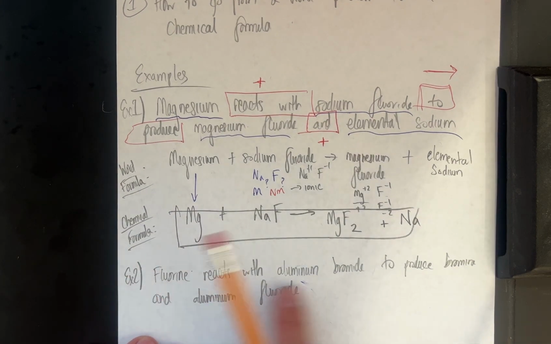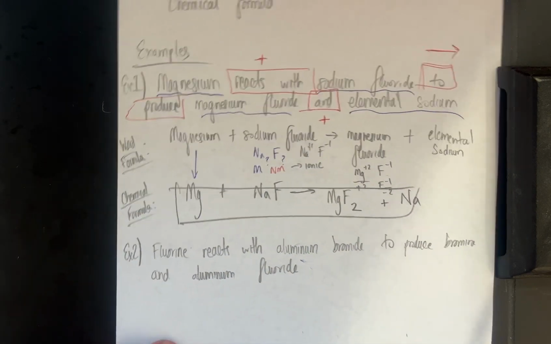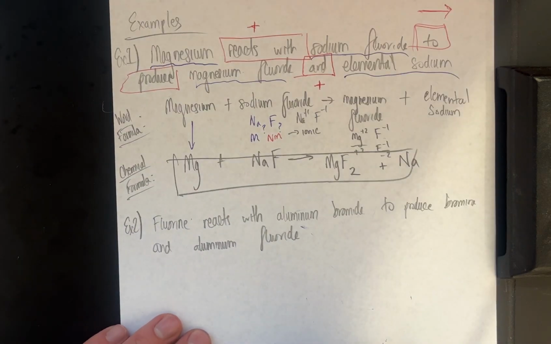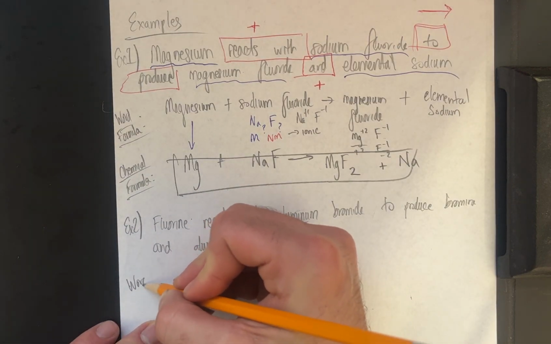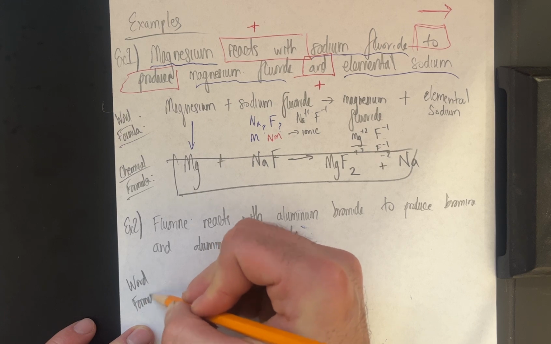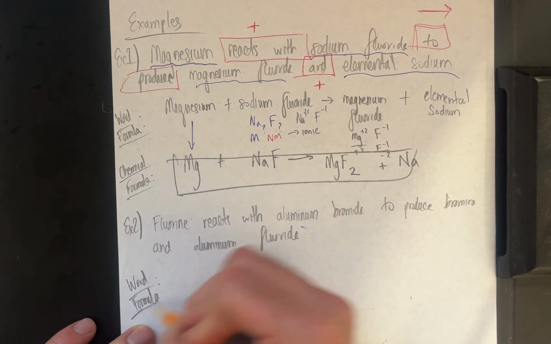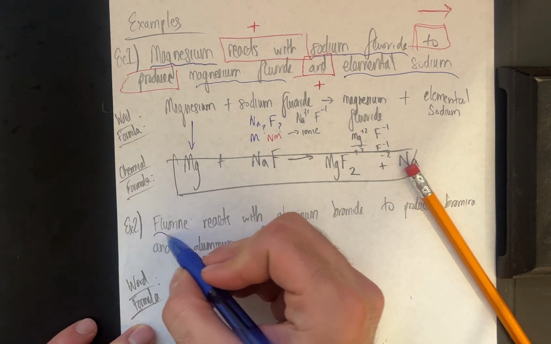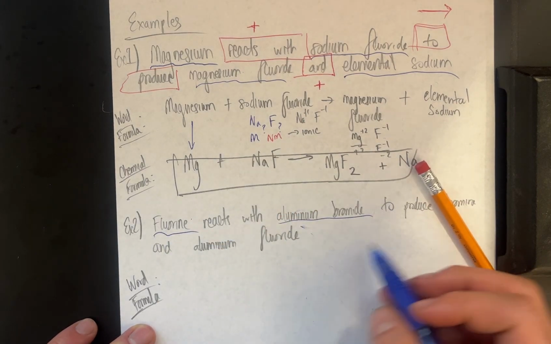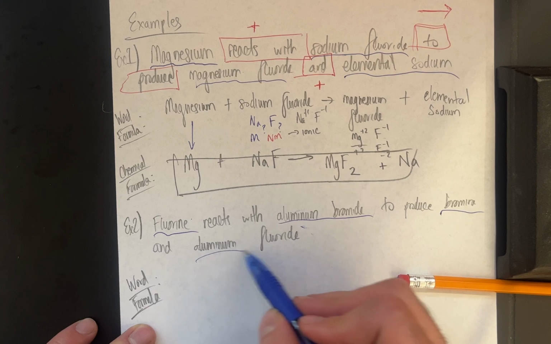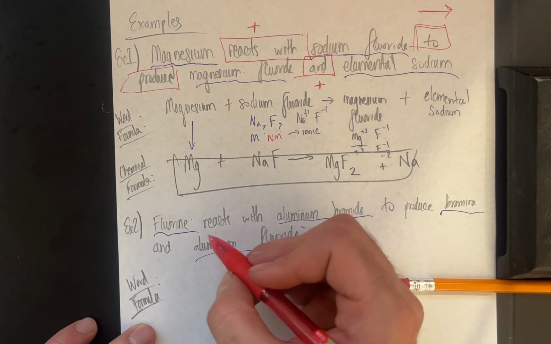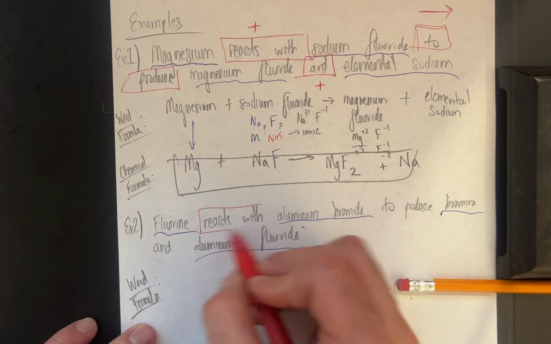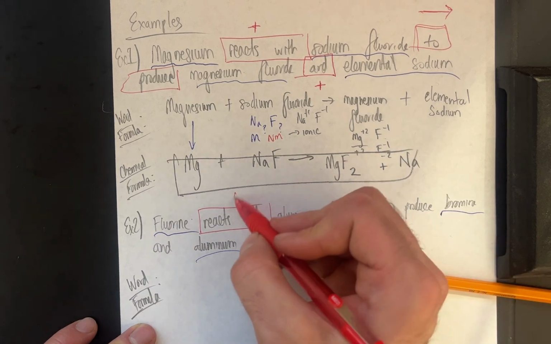Now, the second one, fluorine reacts with aluminum bromide to produce bromine and aluminum fluoride. Again, we can first go to a word formula. First, kind of break it down. We got fluorine reacts with aluminum bromide to produce bromine and aluminum fluoride. Those are our little players. Then reacts with, right, that means plus.